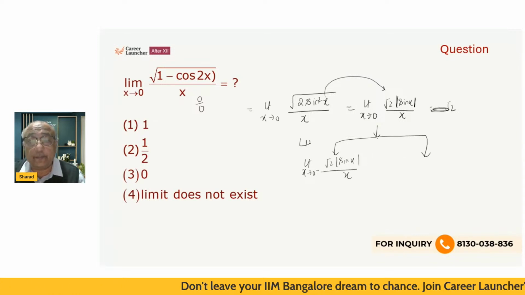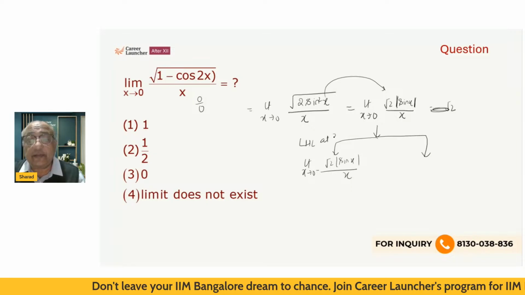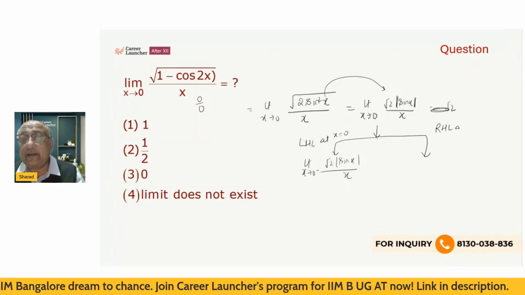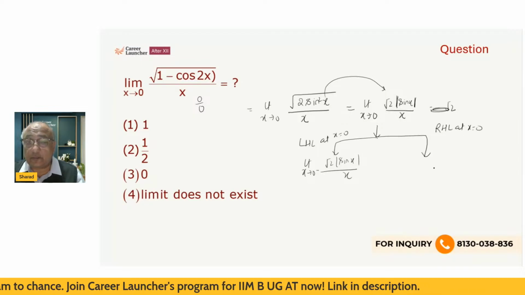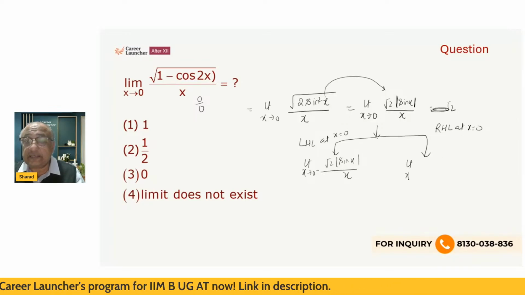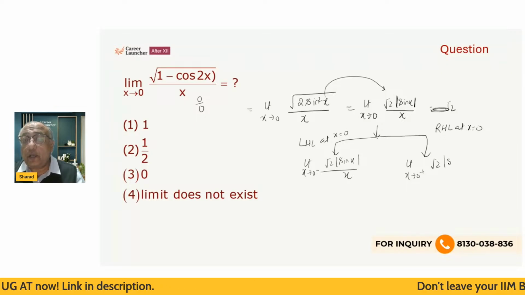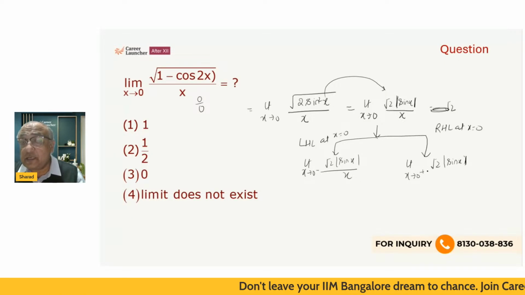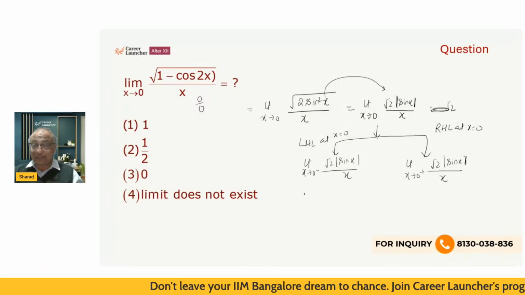This is called left hand limit at x is equal to 0, and this is called right hand limit at x is equal to 0. So this will become limit x tends to 0 plus under root 2 sine x upon x. Please be careful while you're watching it.